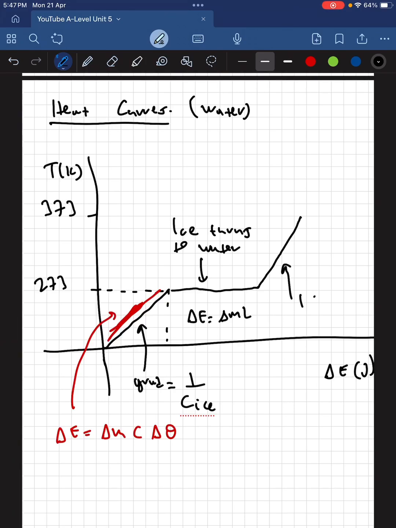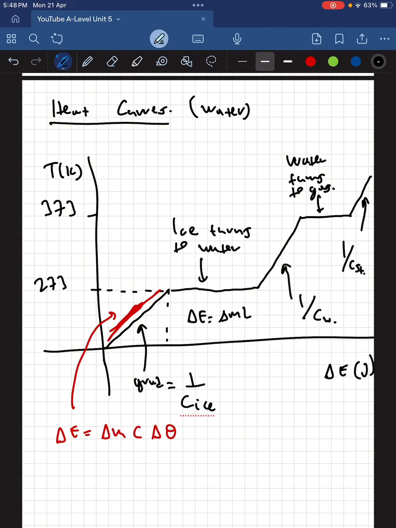So the gradient of this curve is going to be 1 over C of water now. Okay. And then if we keep providing energy, we will vaporize this water. So water turns to gas. And now I run out of space, but this is going to start changing again in a straight line. And this gradient is going to be 1 over C of steam.